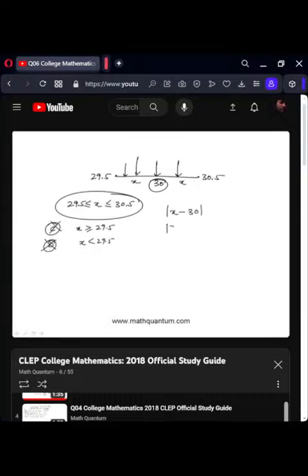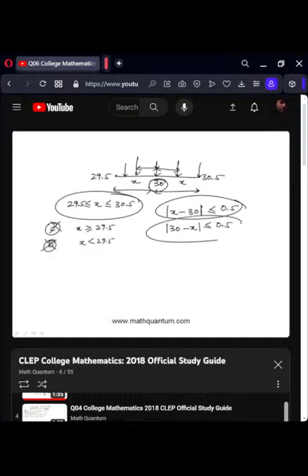That's the same as 30 minus x, it doesn't matter because we're taking the absolute value. That's the distance, and it has to be less than or equal to half, because it can at most be half. So all of these values have to satisfy this condition. They're both equivalent, and we notice that that is indeed in the answer choices, which is A.